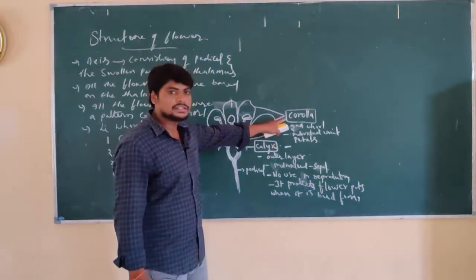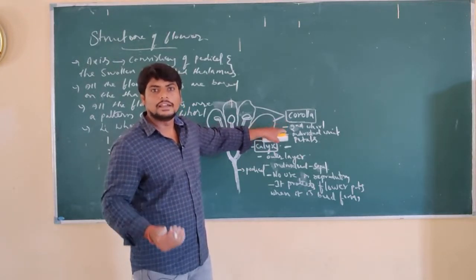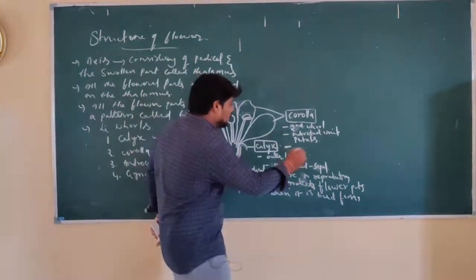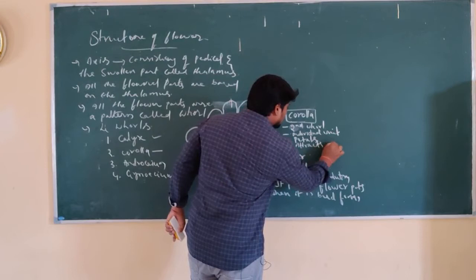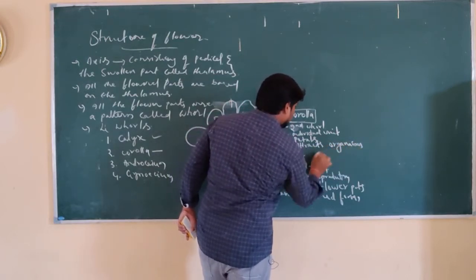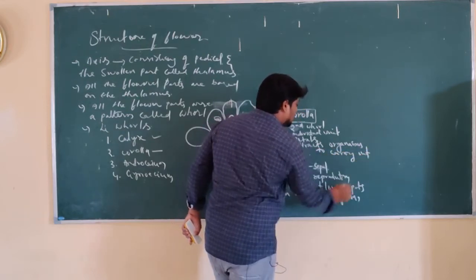Understand? So the importance of the corolla is they help in attracting the organisms to carry out pollination.